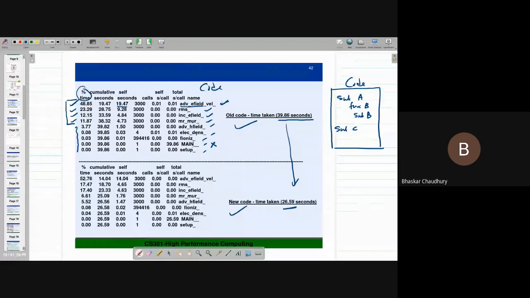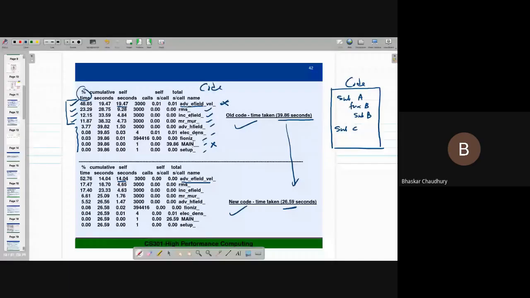Because if this subroutine is addressed, we can see that from 19.47 seconds, you have got it down to 14.04 seconds. The same subroutine in the new code, right? Yes, sir. Similarly, if you look into the RMS, which is the second subroutine, again, you did some optimization. Now the runtime has come down from 9.28 to 4.65.